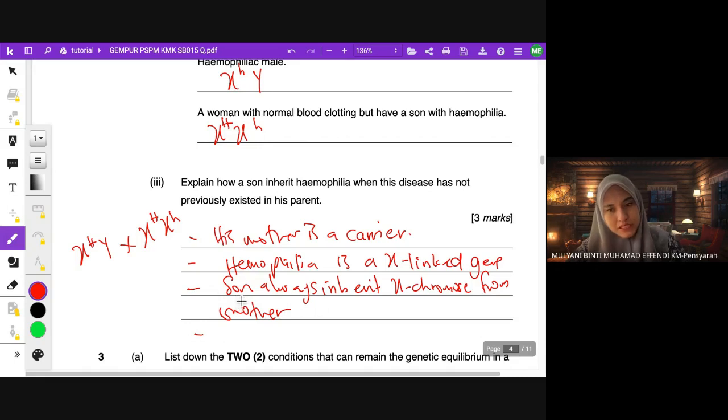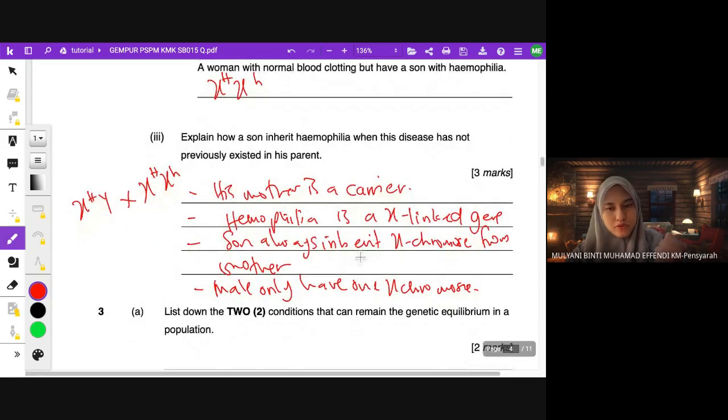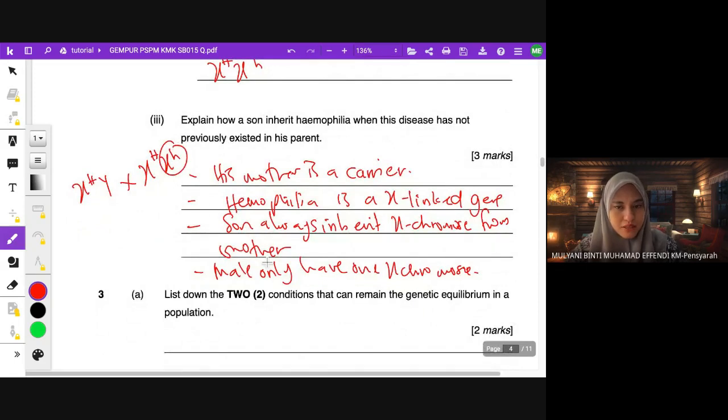So mestilah dia akan sentiasa dapat X chromosome tu daripada maknya. So male only have one X chromosome, iaitu daripada maknya. So sebab tu dia dapat terus daripada yang X kecil yang ini. Dia ambil daripada maknya.